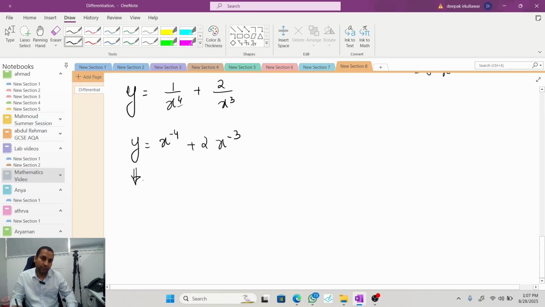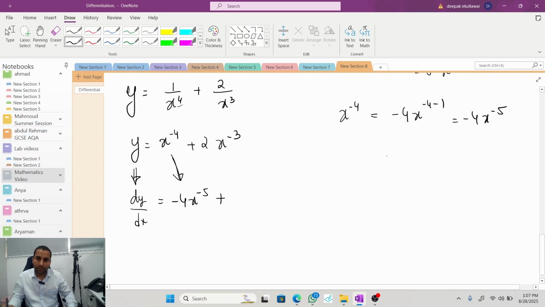So when I do the differentiation, y will become dy by dx. What would be x to the power of minus 4 if you differentiate this? This would become minus 4, x to the power of minus 4 minus 1. So minus 4x to the power of minus 5, plus what would be the differentiation of 2x to the power of minus 3?